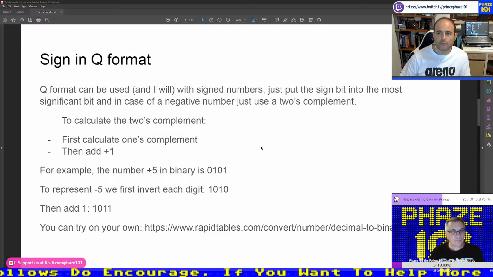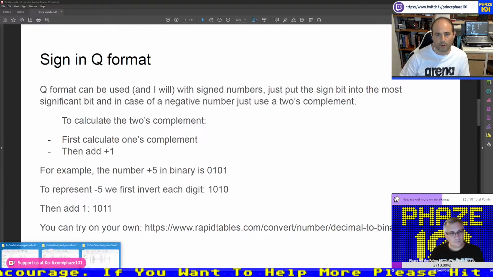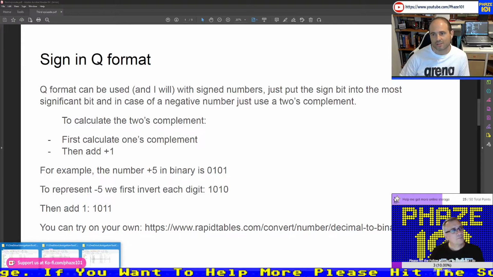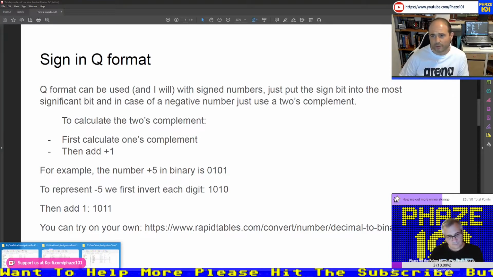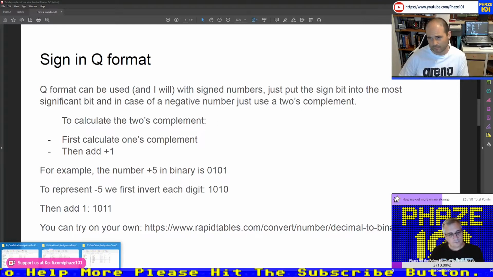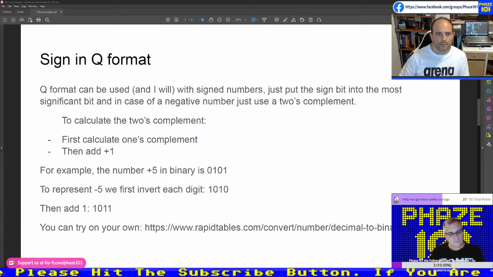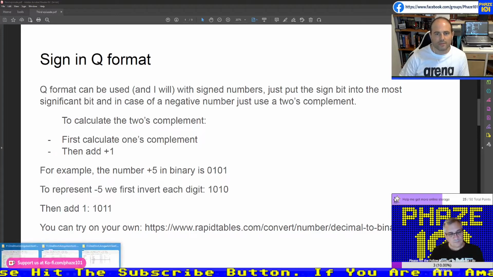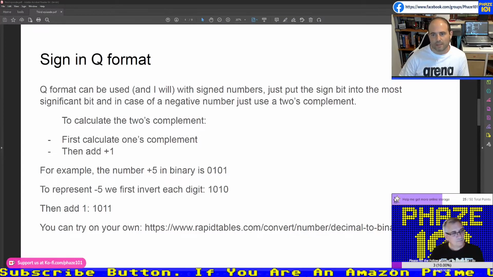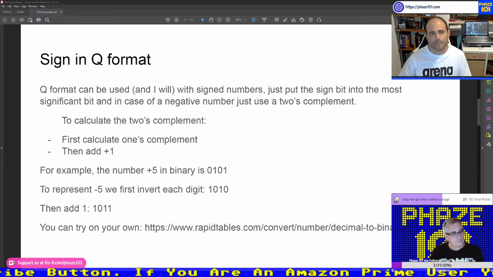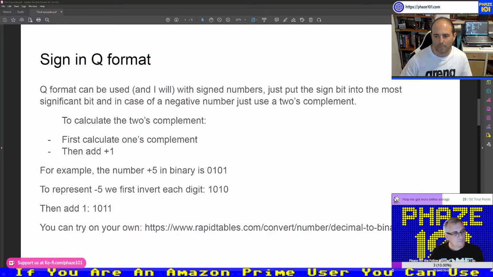For now, just remember that if I say Q3.4, it means just that 3 bits are reserved for the integer part and 4 for the decimal. Then that's it. And the Q format can be used with signed numbers. Just put the sign bit into the most significant bit, and in case of a negative number, use the 2's complement.